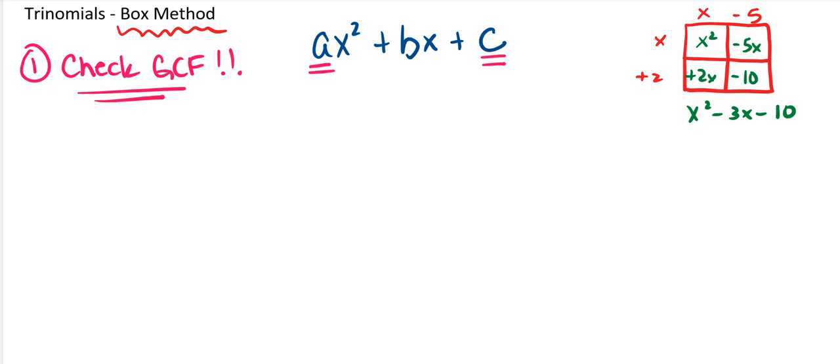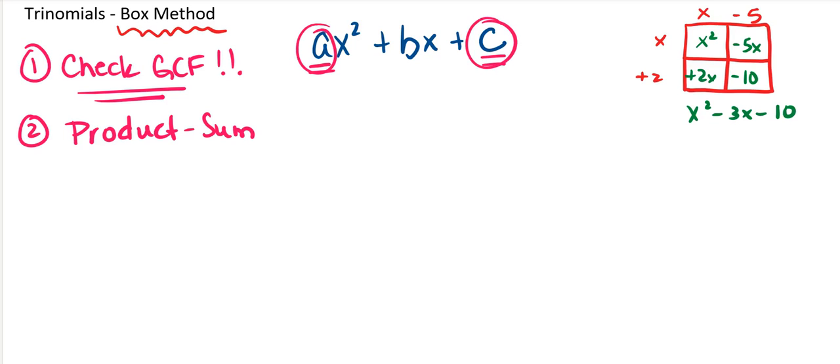If there's a GCF, get that out of there, leave it out in front of the parentheses, and then keep going with the steps. If there's no GCF, just move on. Second, when we do our product and sum, like we did the charts in the other video, we multiply A times C for our product, and the sum is B.